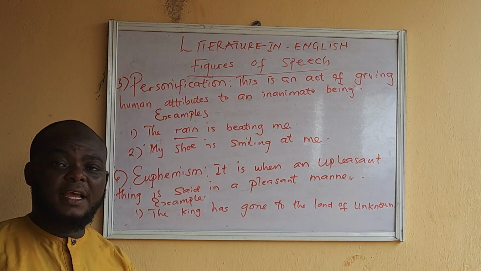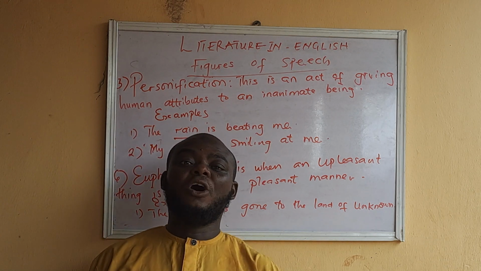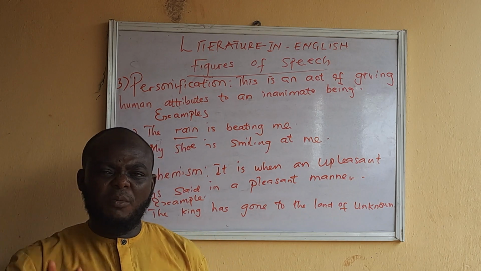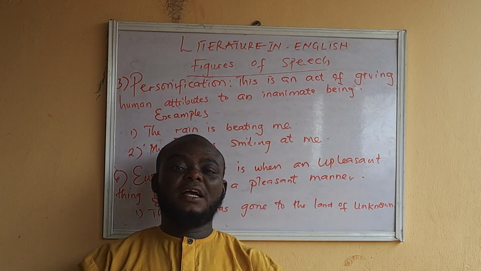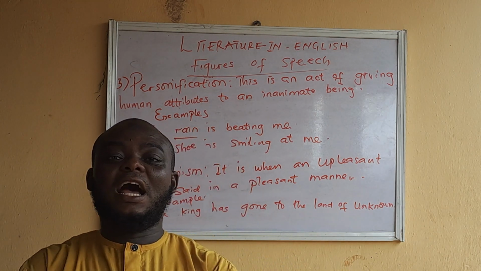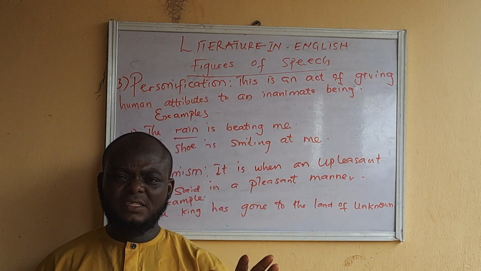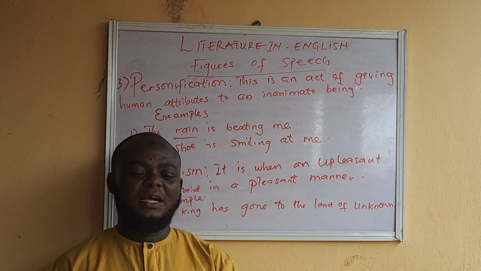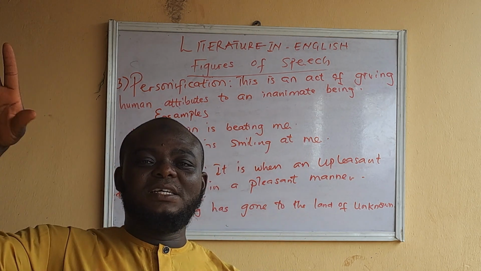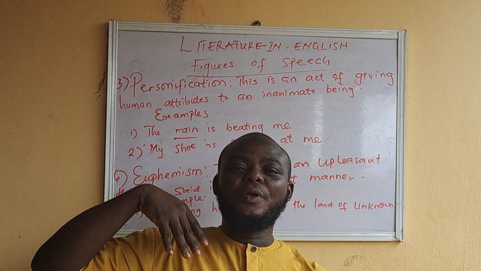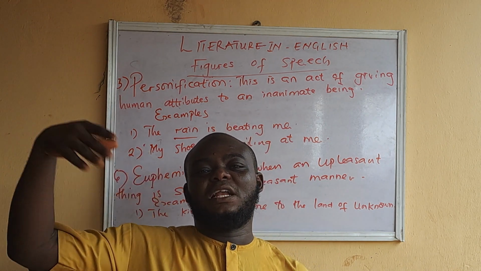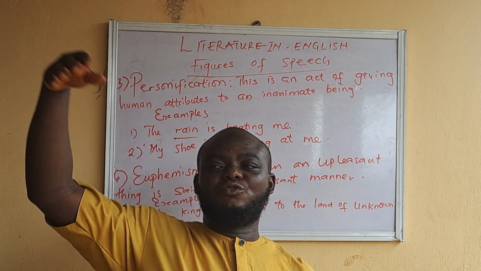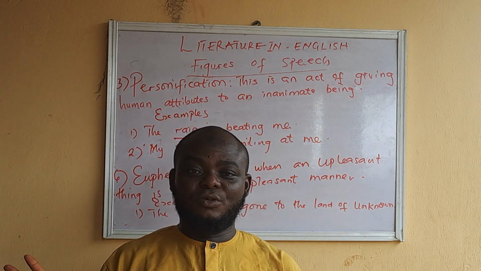Some people will even say the king has joined his ancestors. This is even very common among the Yorubas. Our king has joined his ancestors. So if you look at the surface meaning, people will even think maybe the king has traveled to people that are older than him, people that he wants to go and learn from, to learn one or two things.